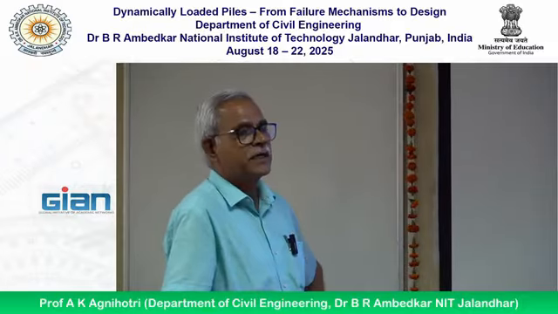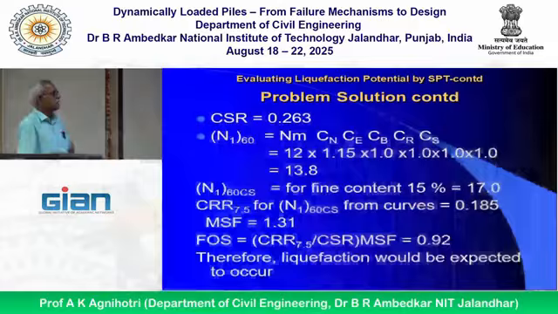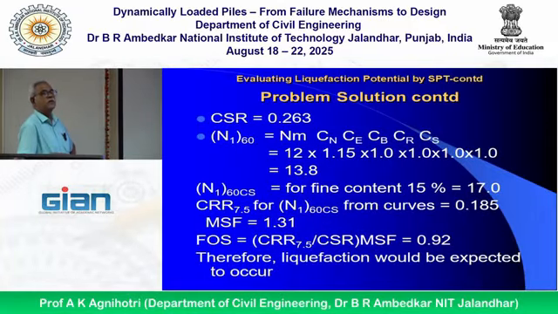Now the magnitude scaling factor, because this CRR is for an earthquake of magnitude 7.5. In our problem it is given as 6.75. So from the table we will see the magnitude scaling factor, and this ratio will be multiplied by the magnitude scaling factor. So the answer is 0.92. This is less than 1. Therefore liquefaction is expected to occur.